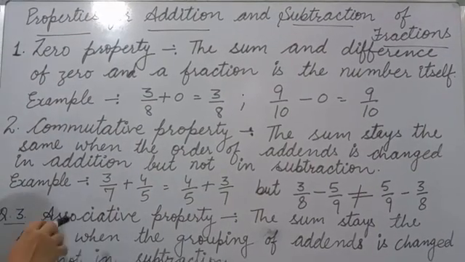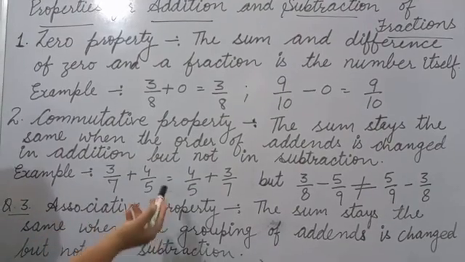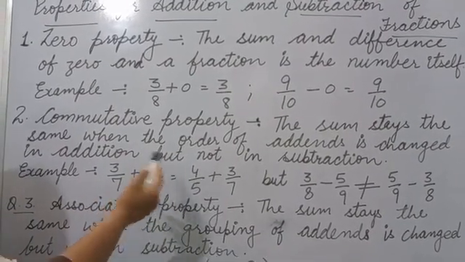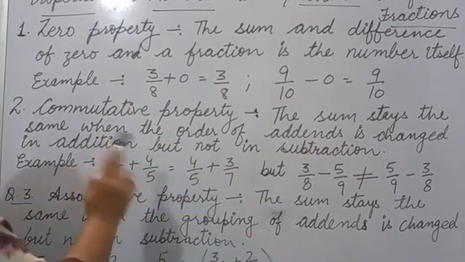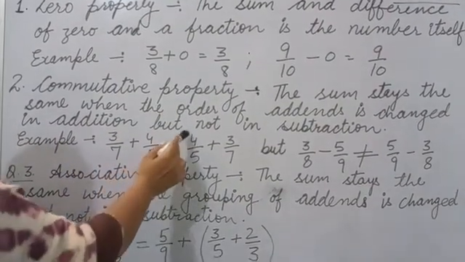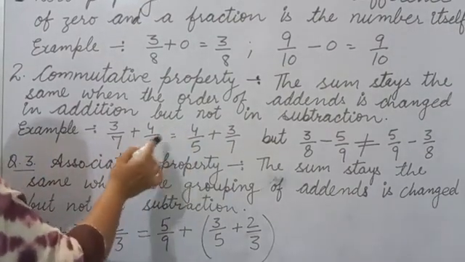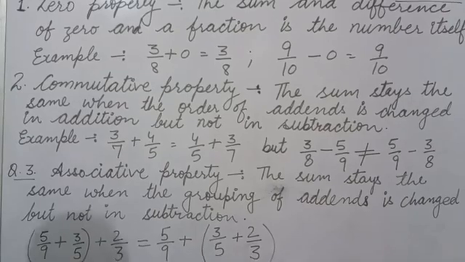For example, 3 upon 7 plus 4 upon 5 equals 4 upon 5 plus 3 upon 7. If we change the order, there is no effect on the sum. The sum will remain the same.